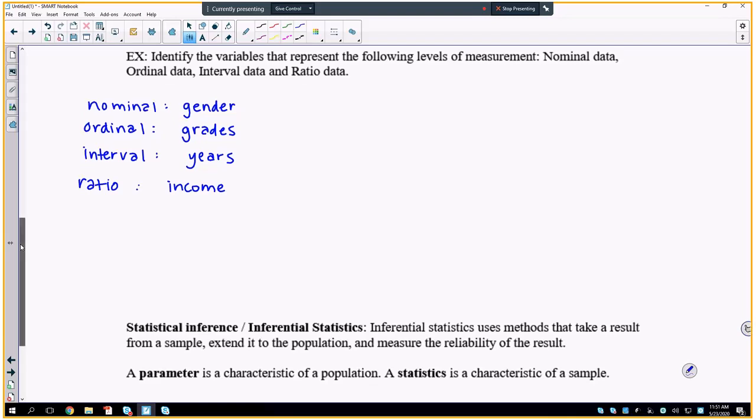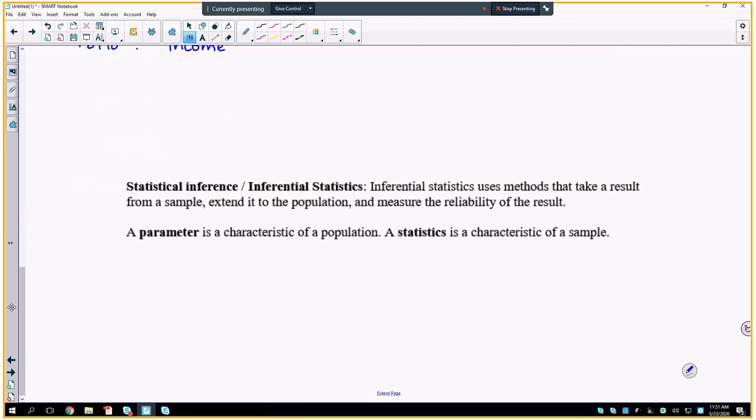Okay, so next thing, we'll talk about statistical inference and inferential statistics. Inferential statistics use methods that take a result from a sample and extend it to the population, and then measure the reliability of the results. So it might not be feasible to collect information about every single thing in a population.